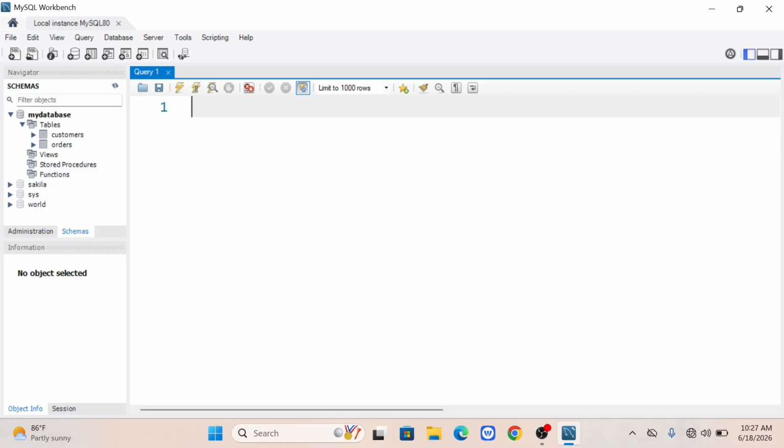For instance, in the name Joy, if you are looking for the letter O, which is in the middle, you use percentage from the beginning, then put O, then put percentage, then close your quote. It means that anything can come before the O and anything can come after the O, but let there be an O in the text that you are looking for.